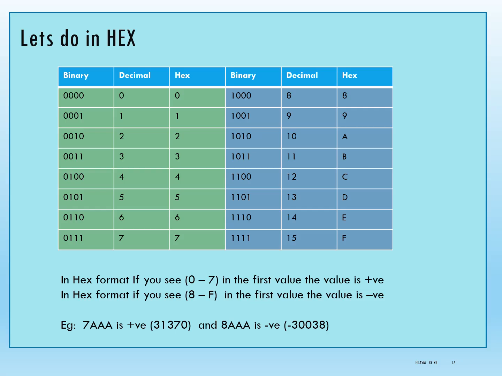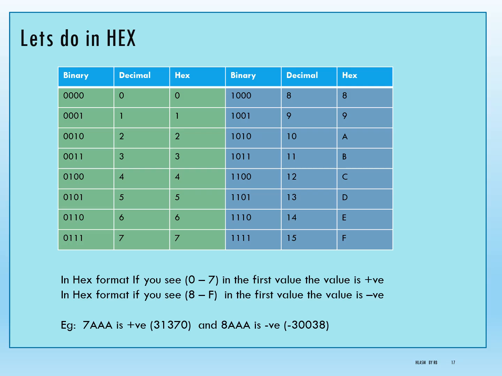And if the leftmost bit is 1, the hex digit could be 8 to F. So the moment you see a value in hex format with 0 to 7 as the first nibble, the value is positive. If you see anything from 8 to F in the first digit, it is negative.